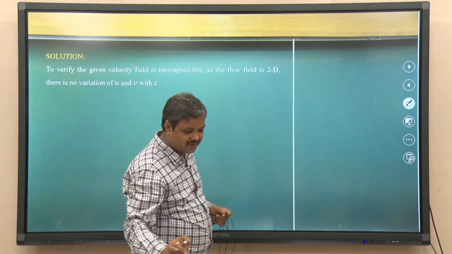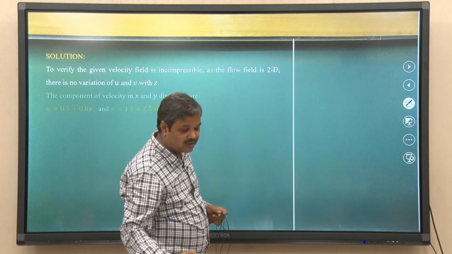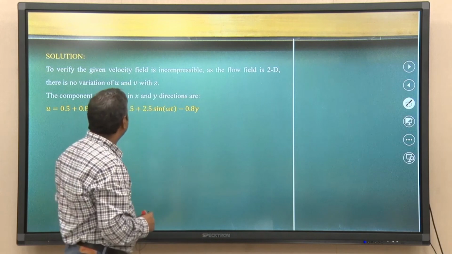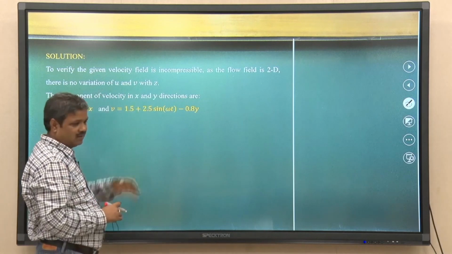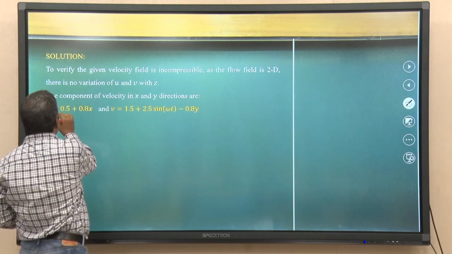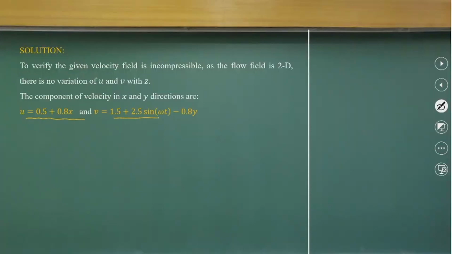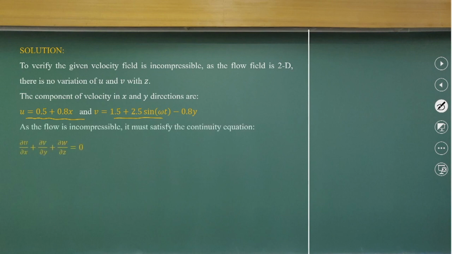These are the steps of the solution. This is the u component and the v component. You do the partial derivatives as I just discussed. This component is not there.